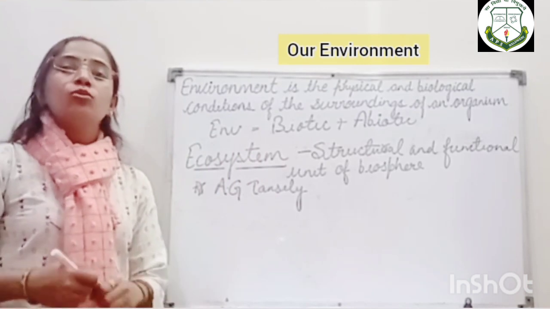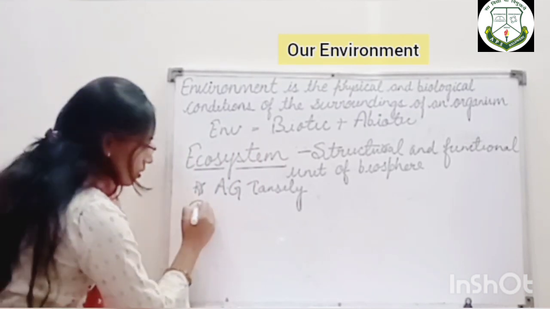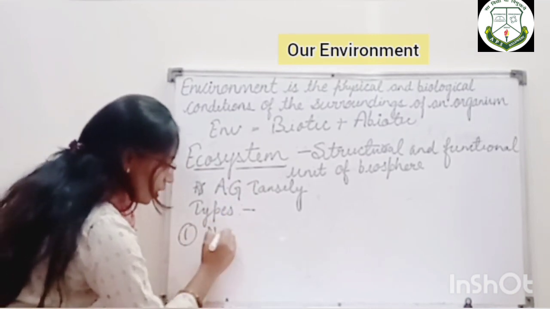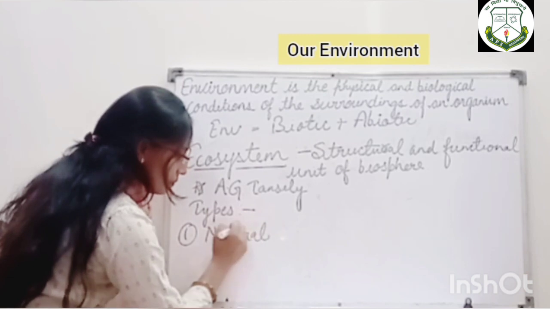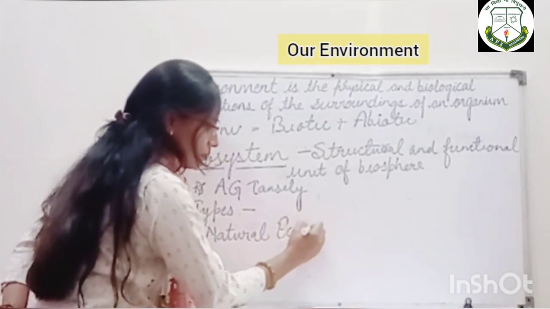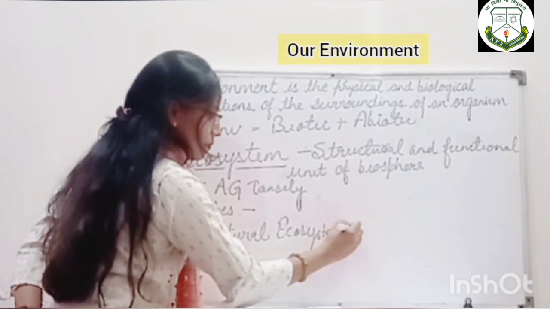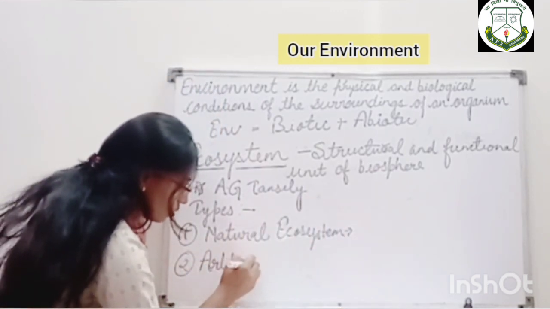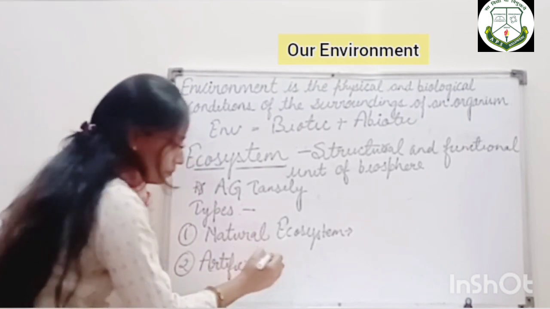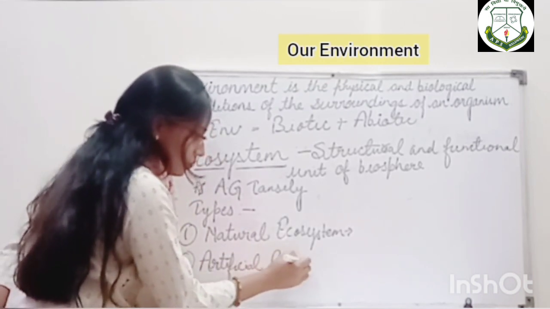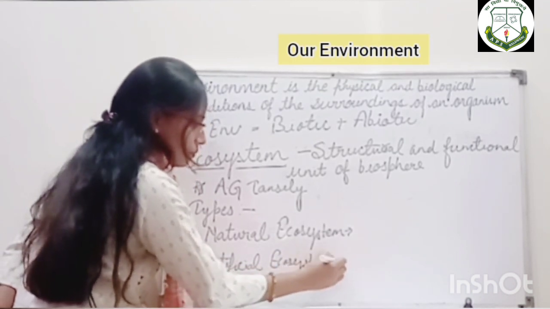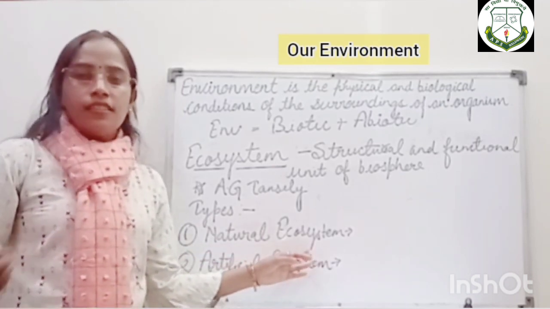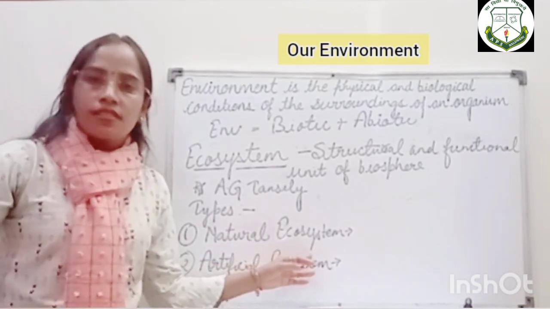Now there are two types of ecosystem. First one is natural ecosystem, and the second one is artificial ecosystem. The natural ecosystem is present in their original habitats.